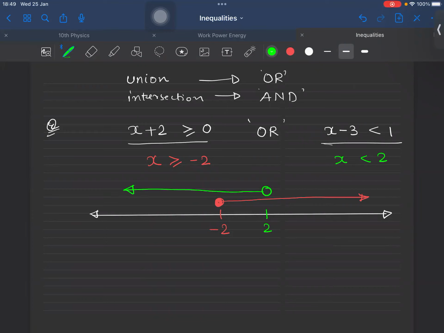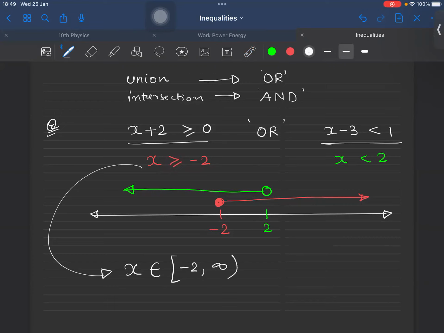Now you see it is defined for all values of x, because we have to take the union. So how can we write the solution of the first one? x belongs to the closed interval, because we have an equality sign here, -2 to infinity.